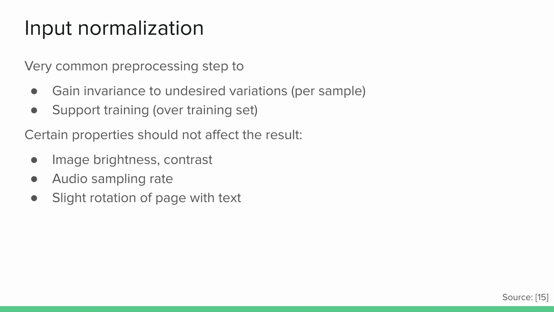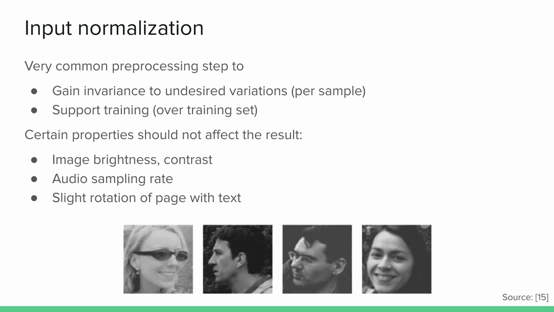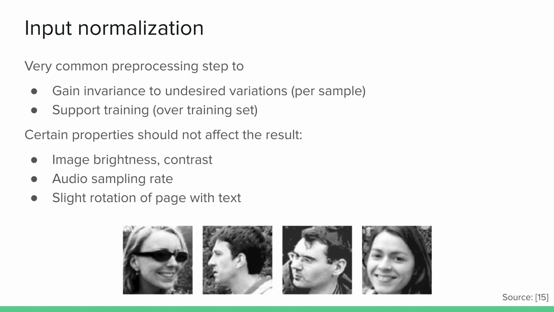We can try to normalize our input data to even those slight variations out and try to come up with a very homogeneous training set. So here you see an example of people who are not normalized, and once we normalize our input for the brightness and the contrast, they all look, at least to me, much more homogeneous.